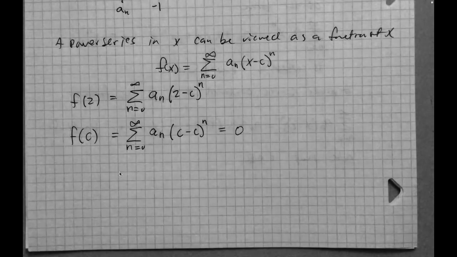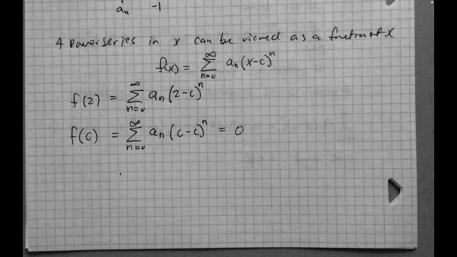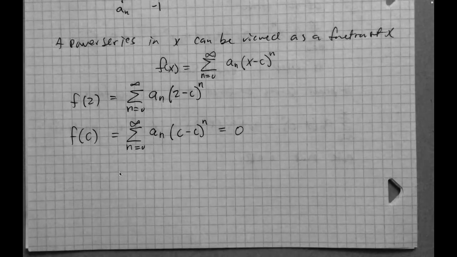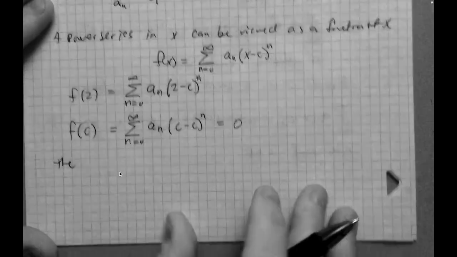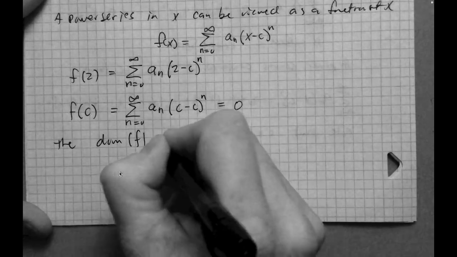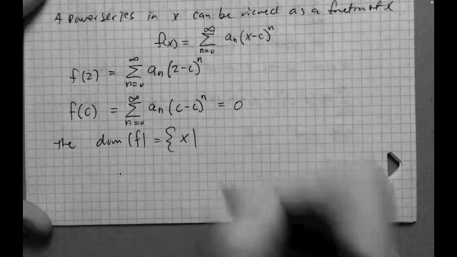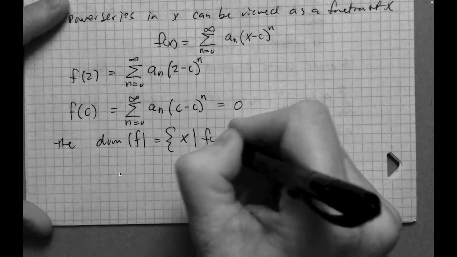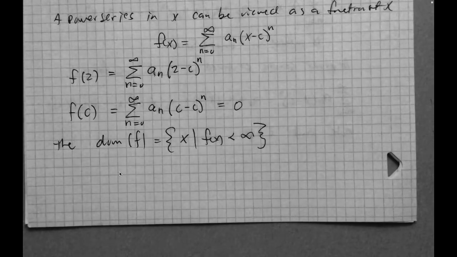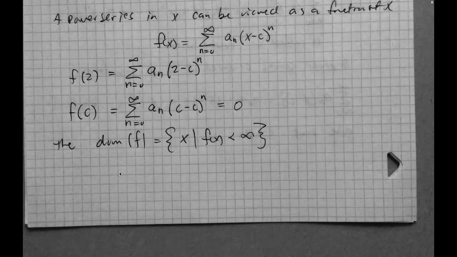Okay, so this raises the question: if you can think of a particular power series as being a function, what's the domain of the function? The domain of f, we would say, is equal to the set of all x such that f of x is finite. What does that mean?